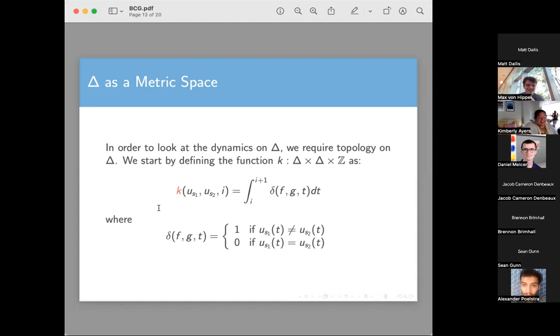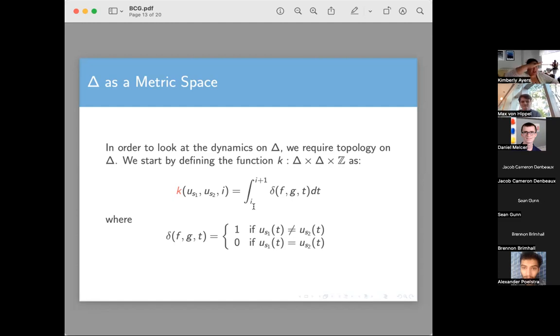Okay. But I need to induce a topology on this system, and I can do that by defining a metric. So the way I'm going to define this metric on this function space is, for every unit of time that is a unit long, if I have two functions, I'm going to compare where they agree and where they disagree.